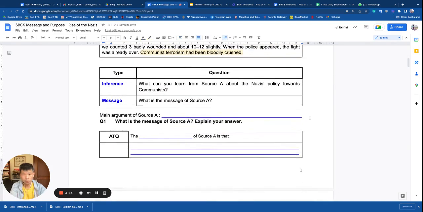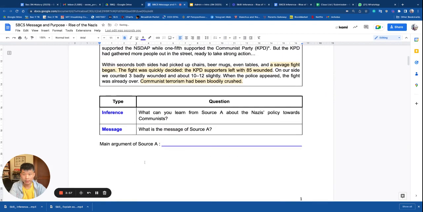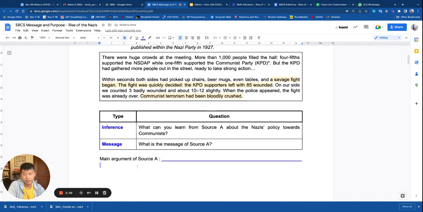So again, I hope that you paused and wrote out some ideas you have from the source before I write, because once I've written something, once the ideas come out of my keyboard, you will have lost the chance to exercise your own thinking, your own critical reasoning, your logical faculties. So some key things stand out. One is that the Nazis and communists use violence as a political tool.